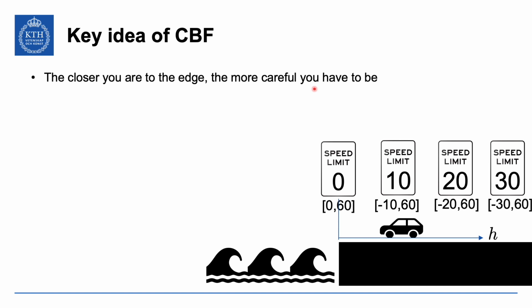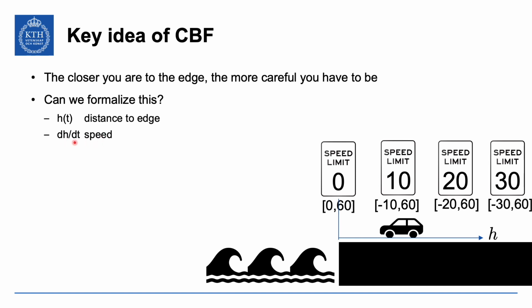So let's see if we can generalize this natural concept of the speed limits, or formalize, if you will. So we have a coordinate system here with the variable h being the distance from the edge, and h being positive is a nice thing. So h is distance to the edge.